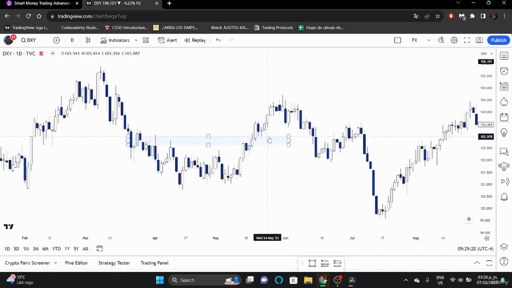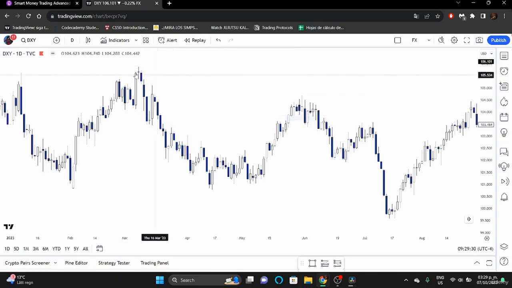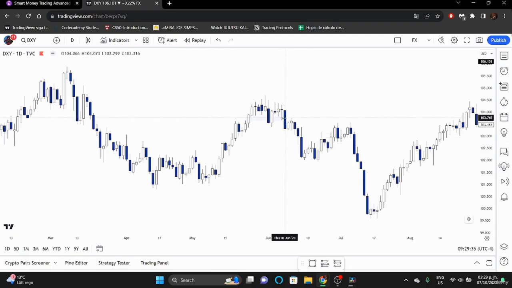Then what do we have on the inverse? We have this one right here. We're supposed to see price supported right here, right? We're supposed to go for the highs, go for the liquidity. Well, it doesn't do it. Then what are we looking for? We're looking for a fail. Here it fails.